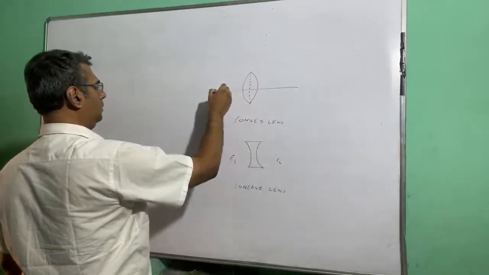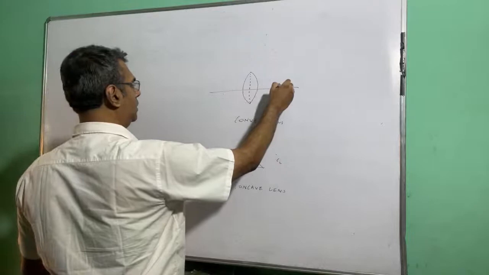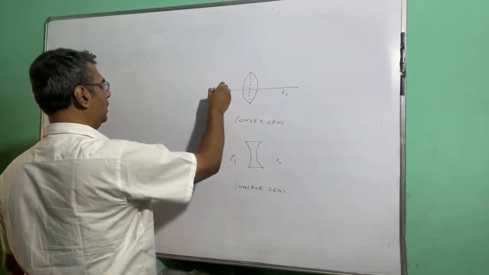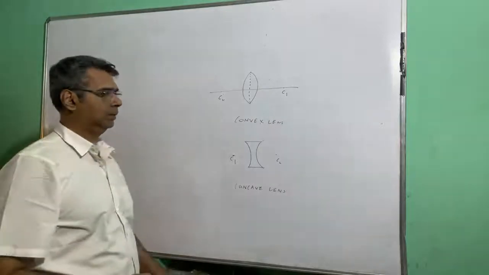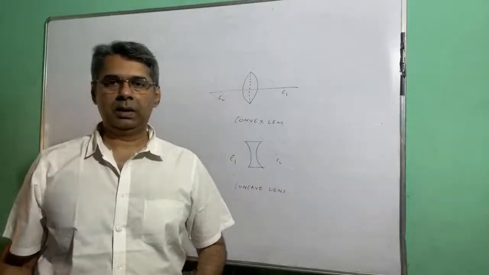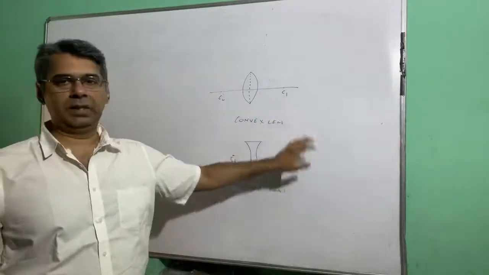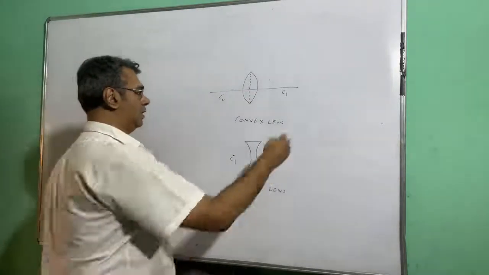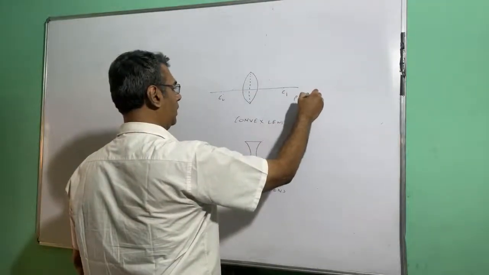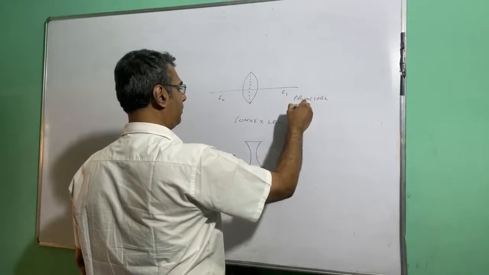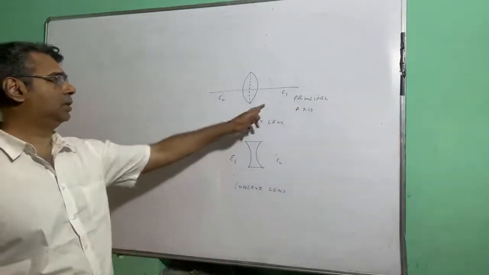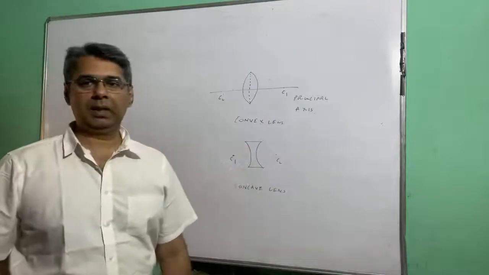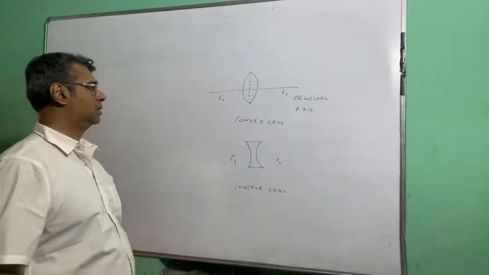And like I told you, this is C1 and this is C2. I'll draw one line like this in the middle. Now the line joining C1 and C2, that line is called the principal axis.